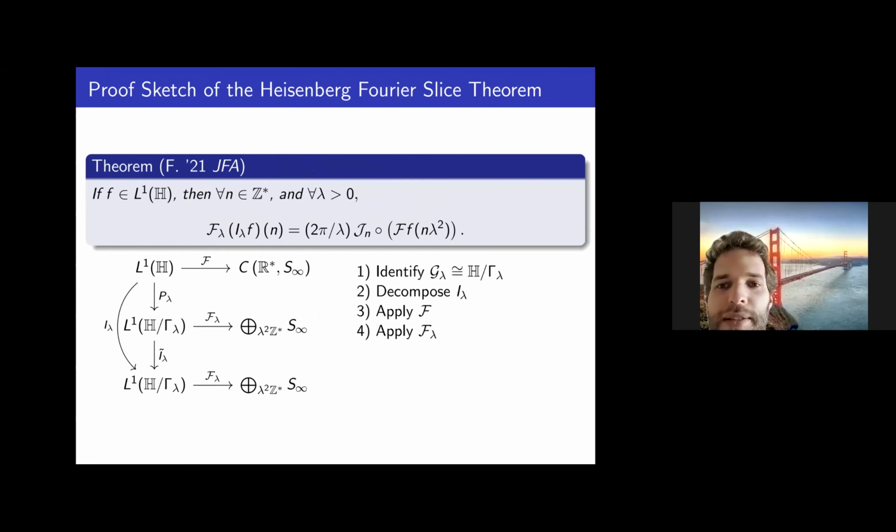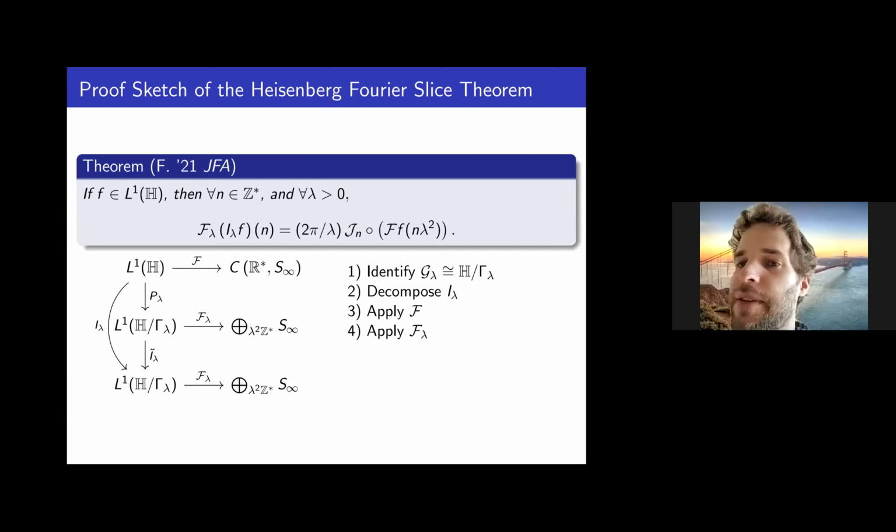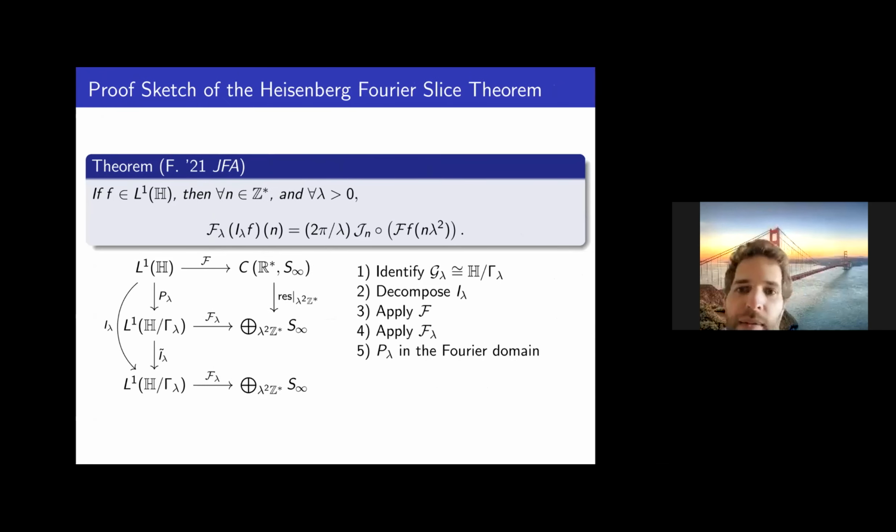And analogous to the way that the dual of a circle is discrete, we apply this reduced Fourier transform to L1 functions on the quotient, and we get some discrete family of compact operators as a result. And now in these generalized frequency domains, this periodization map is really just a restriction map.